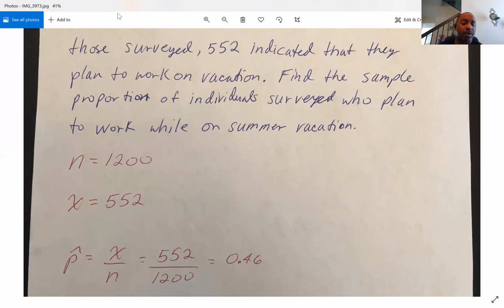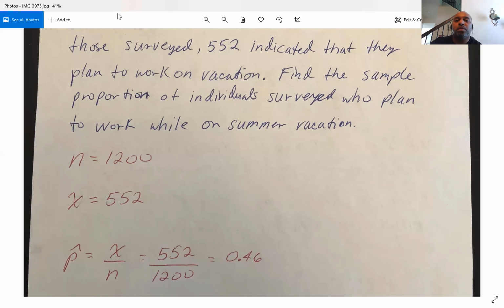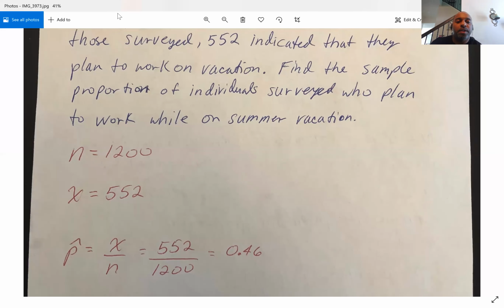That's 0.46. Let me see, do it go 2 decimal places? Okay, yeah, 0.46, even. I've got a statement under there, but I just want to make sure everybody's done with the actual problem.